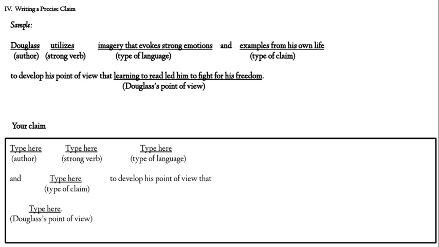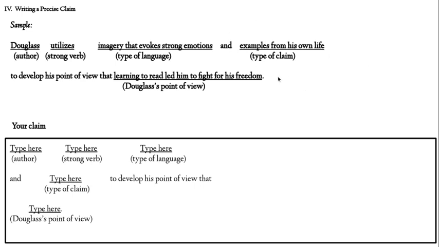And there are several other strong verbs you can use to prove your point. Does my claim connect back to the prompt by describing the type of language that Douglas uses? It talks about how he uses imagery that evokes strong emotions. So yes, it does. Does my claim connect back to the prompt by describing the type of claim that Douglas uses? In this case, the type of claim are the examples from his own life.